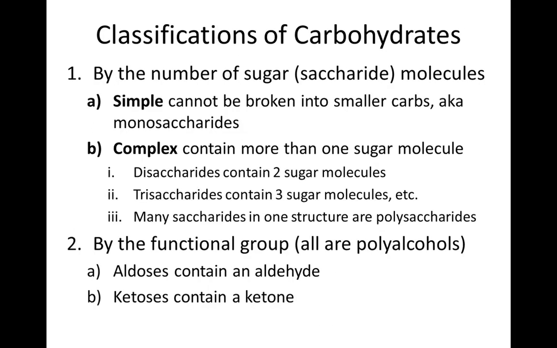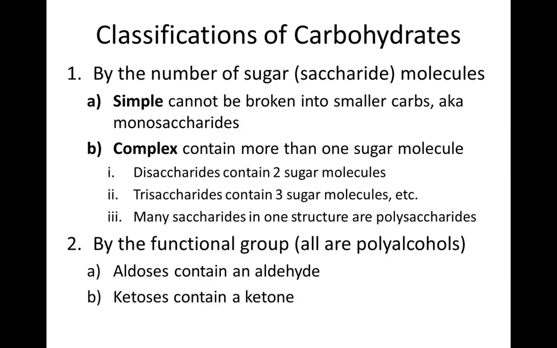And there are a number of ways to classify carbohydrates, and the most straightforward one is to classify them by the number of sugar molecules. And remember, I told you that we might also call them sugar or saccharide molecules. And so if you have a simple sugar, then that means it can't be broken into smaller units that we would still consider to be a carbohydrate.